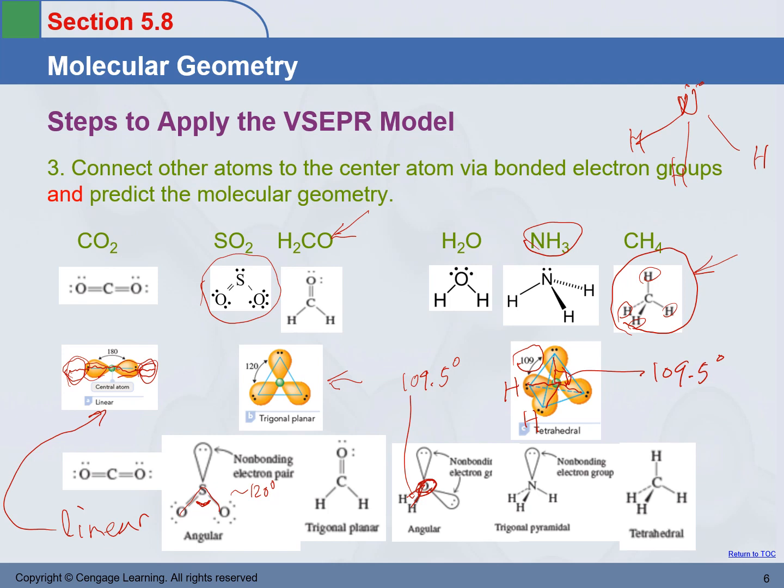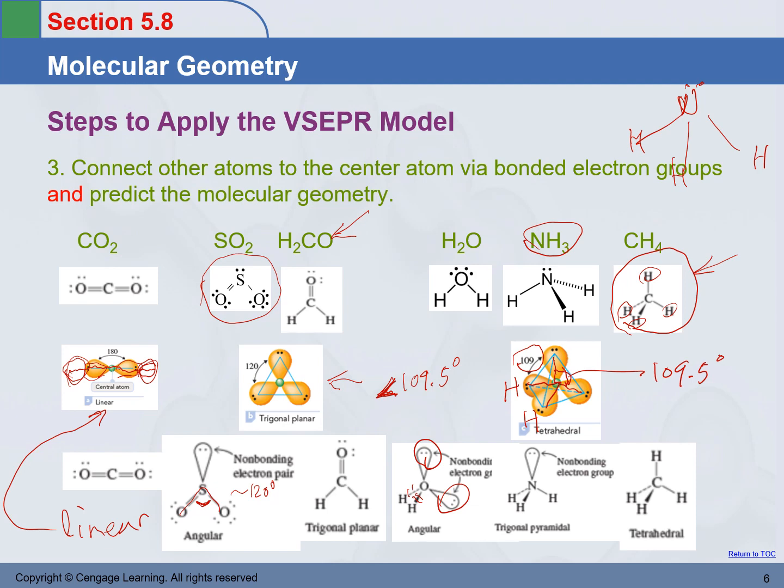However, if you really want to know the true angle in reality, that angle is a little bit smaller than 109.5. Why is that? Because lone pairs of electrons around the oxygen take bigger space than the bonded pairs.